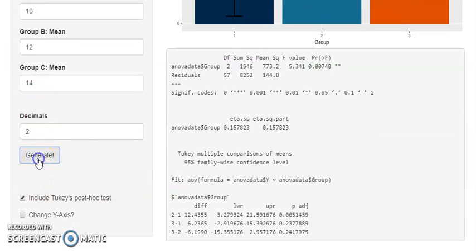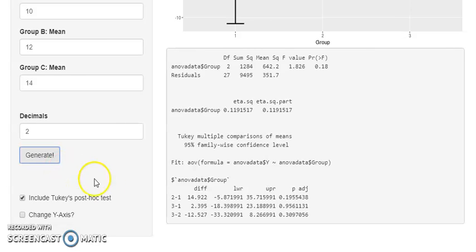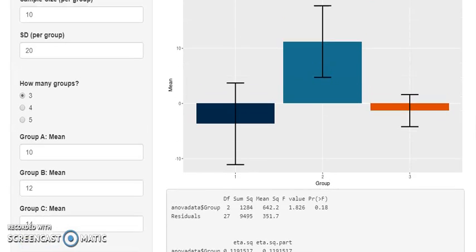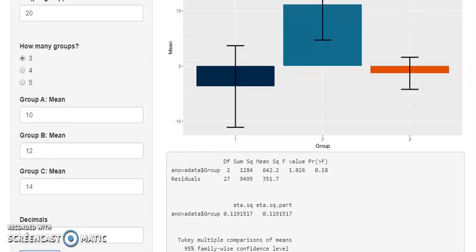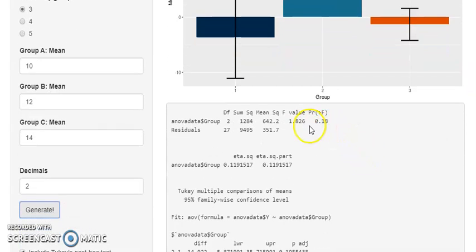And we're going to go ahead and press generate one more time. Okay, and so here we see a large variance. Again, that 20 is huge. There's too much in-group individual differences going on within each group. You can see that F is 1.86 with a p-value of greater than 0.05. So I don't have a lot going on here.